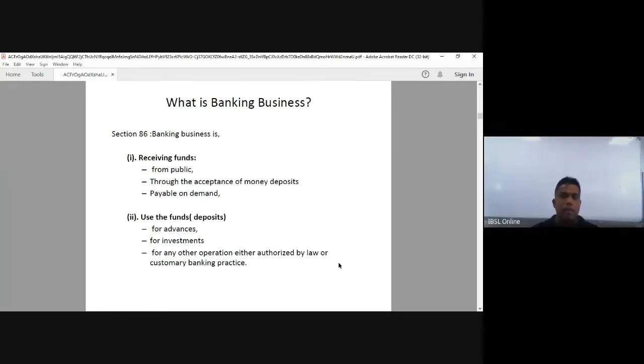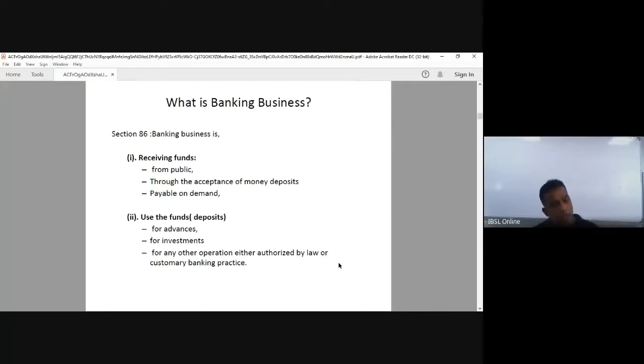That part is covered under part number two, which says the banks can use the money of the depositors for various activities. What are those activities? For advances, the bank can give loans or lend money to the customers. You take money from the public and you give money to the public as loans.